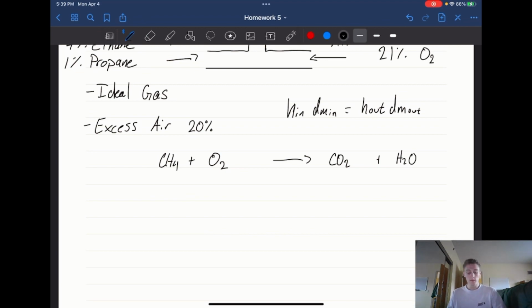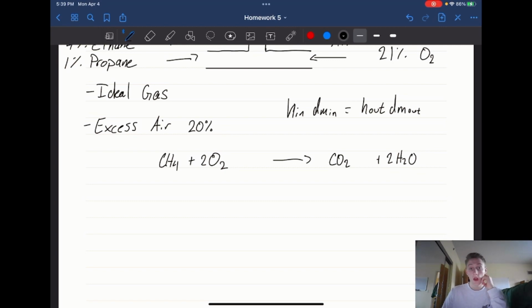And to balance this equation, we have 2 hydrogens on one side and 4 hydrogens on the other, so we'll put a 2 in front of the water. But then that gives us 4 oxygens on this side, so we need a 2 here. And that balances it out. So that'll be the combustion reaction for methane and oxygen, giving us our products.